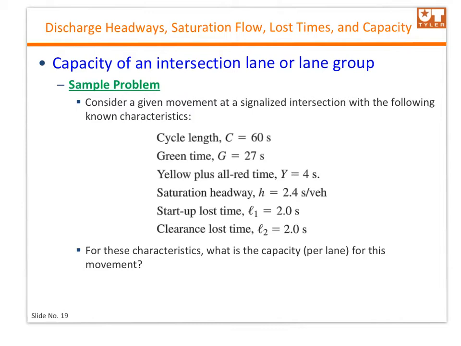So let's have now a problem to understand the definitions that we have so far. Let's consider a given movement at a signalized intersection with the following known characteristics.